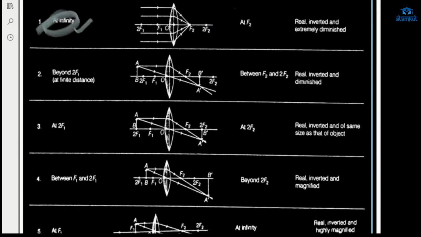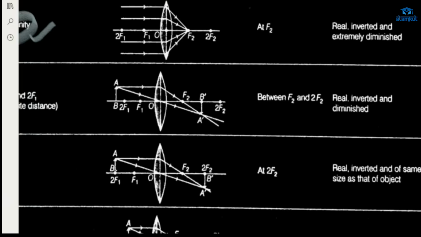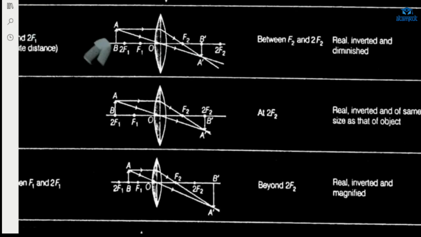In the first case, I forgot to tell you, the image was forming point-sized. In the second case, the image was a little diminished compared to the object. In the third case, when the object was placed at 2f, the image formed right at 2f2, and was of the same size as the object.